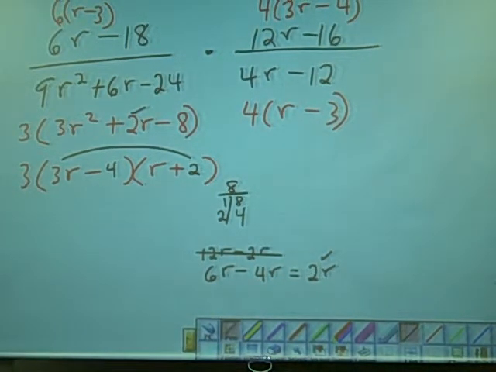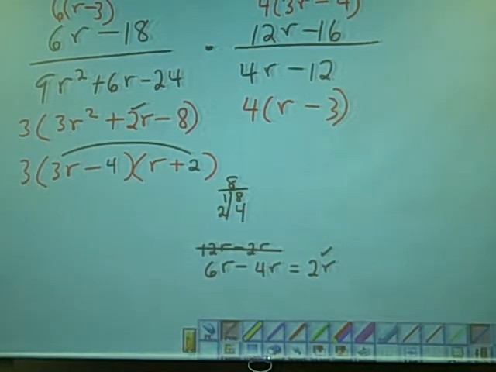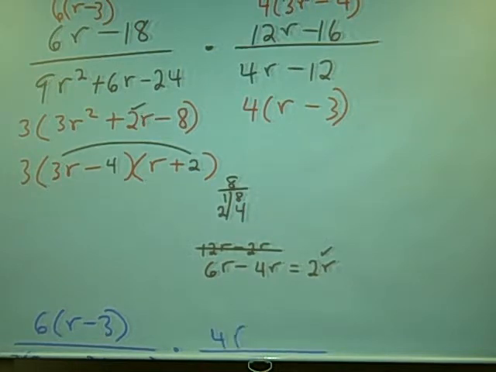Okay, so this is what we've got. I'm going to rewrite this here: (6r minus 3) over 3 times (3r minus 4)(r plus 2), times 4(3r minus 4) over (4r minus 3).